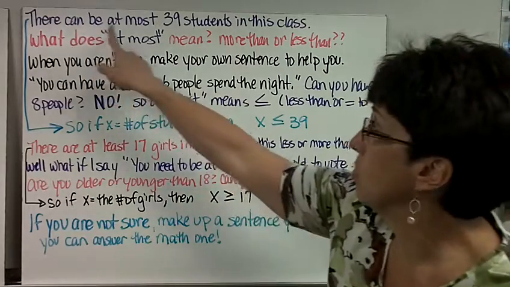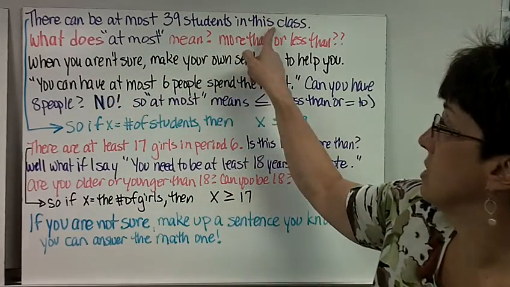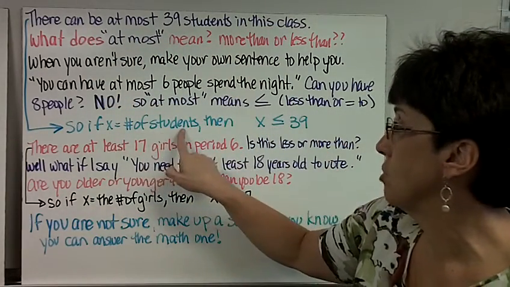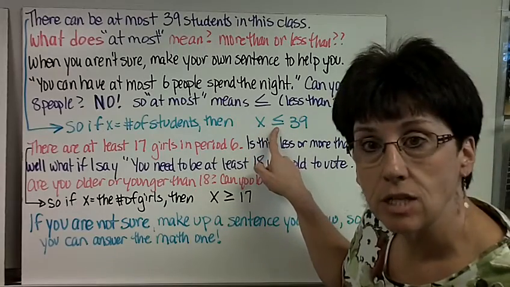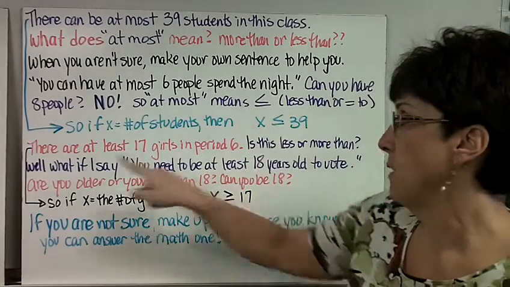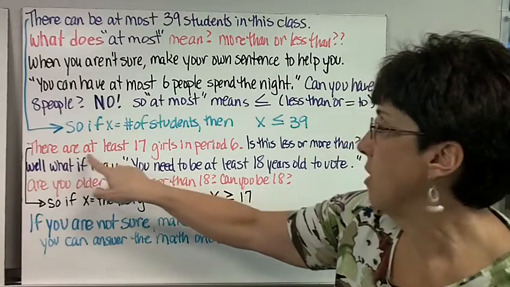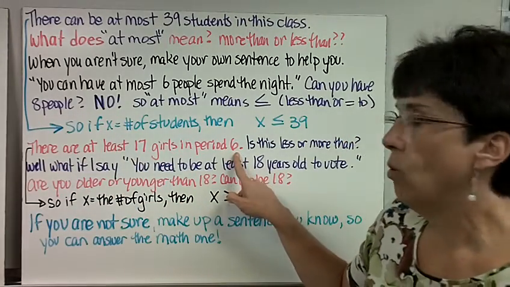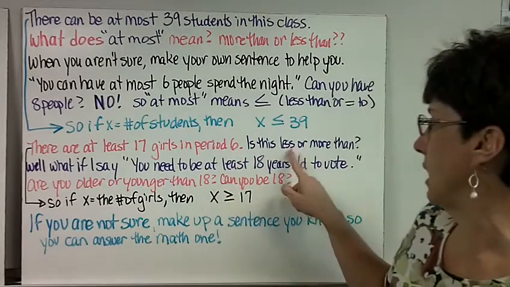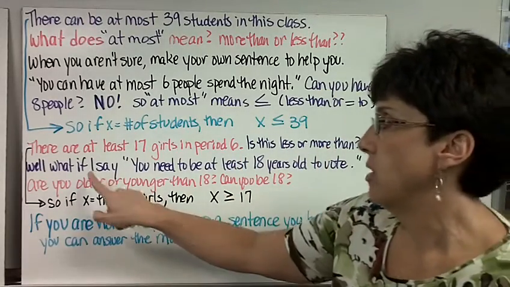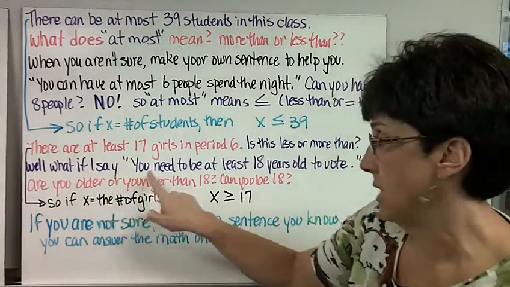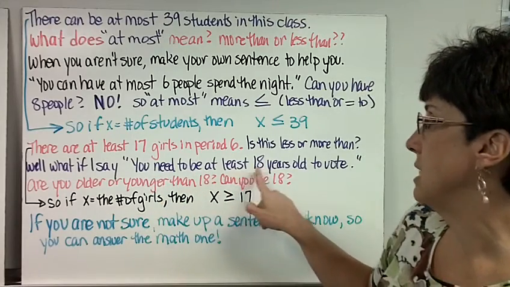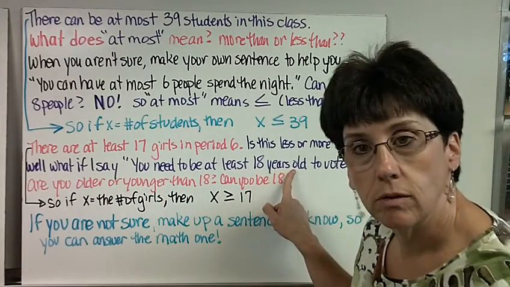So if we go back here, there can be at most 39 students in this class. If x is the number of students, then we have x is less than or equal to 39. Here's another sentence. There are at least 17 girls in period 6. Well, what does "at least" mean? Is that less than or more than? What if I say, you need to be at least 18 years old to vote?